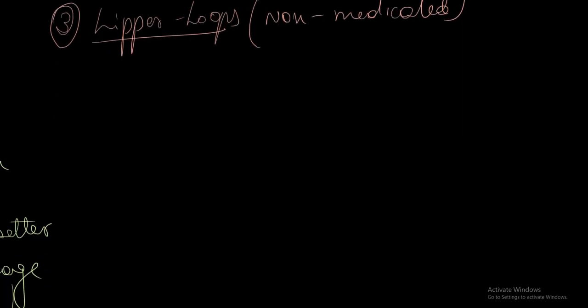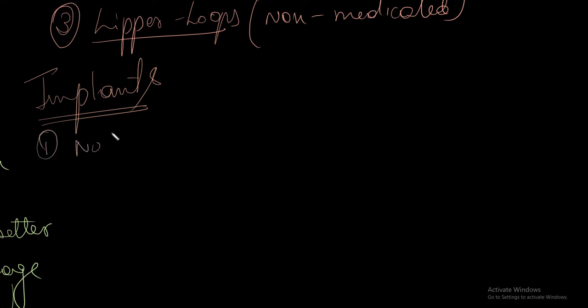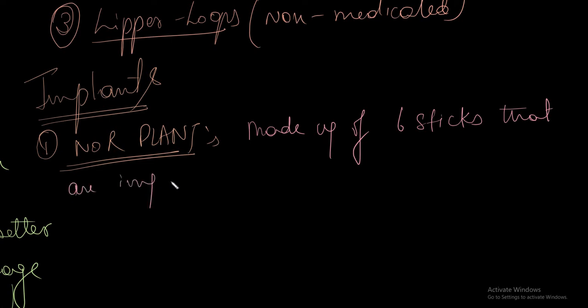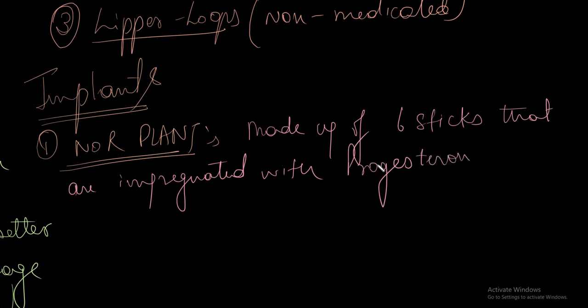Next is implants. First is Norplant. It is made up of 6 sticks that are impregnated with progesterone.